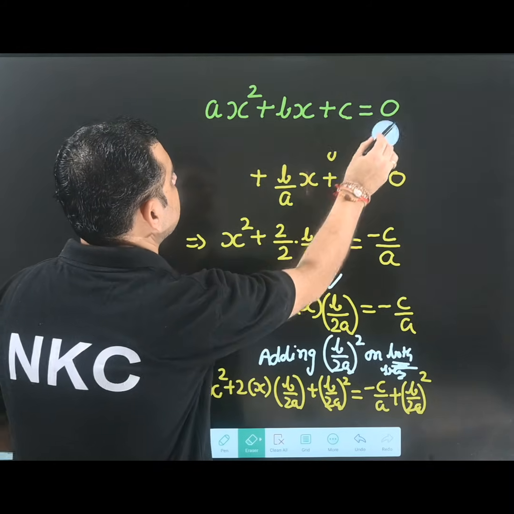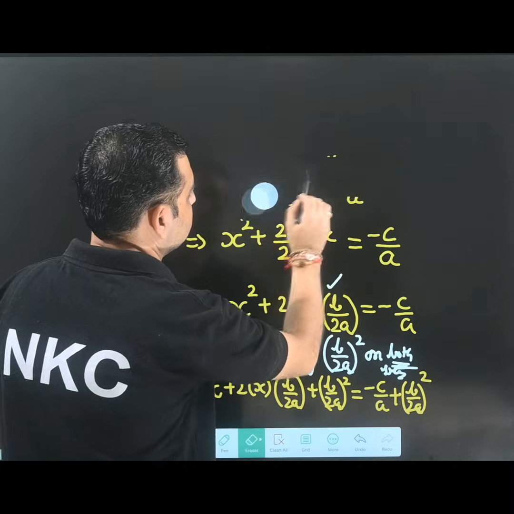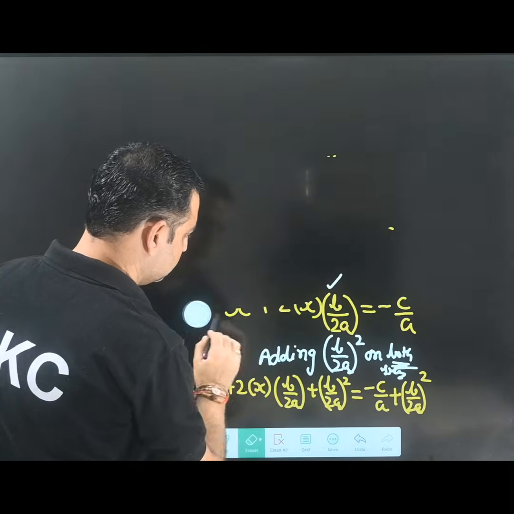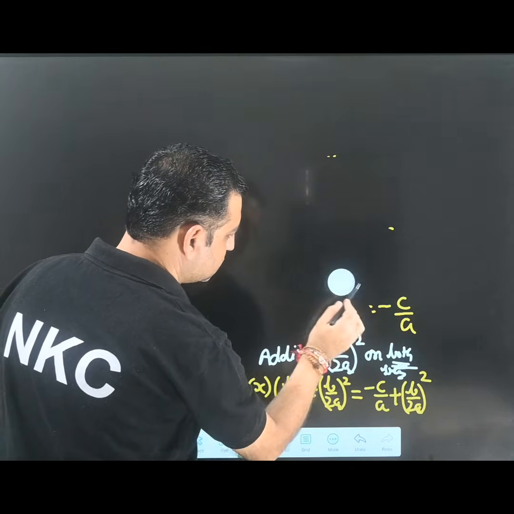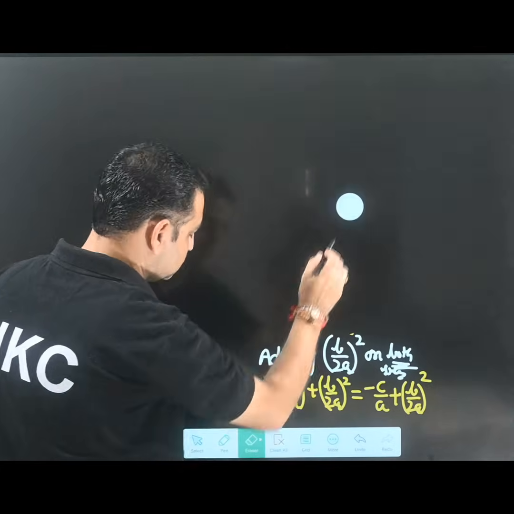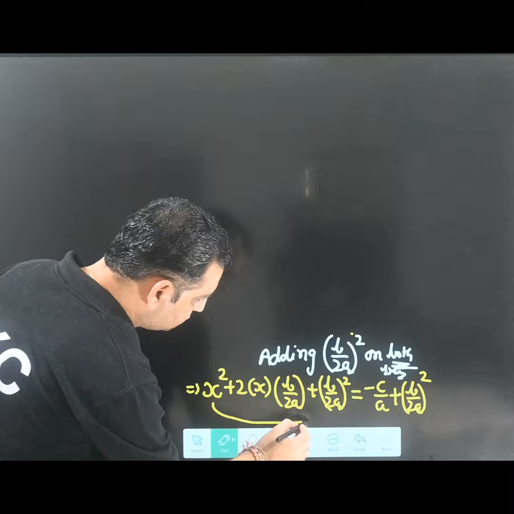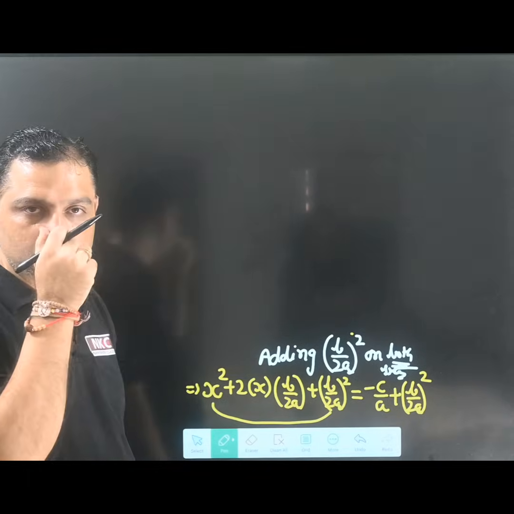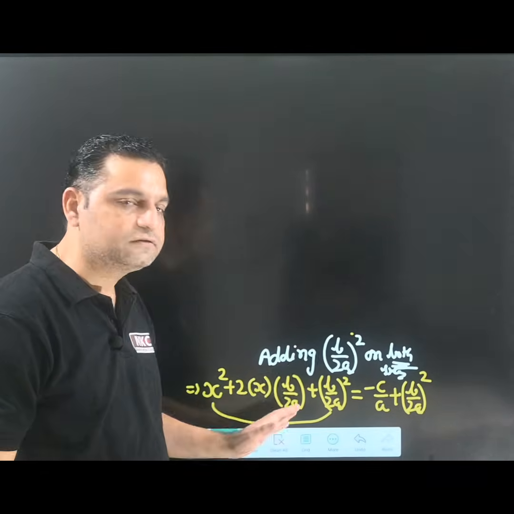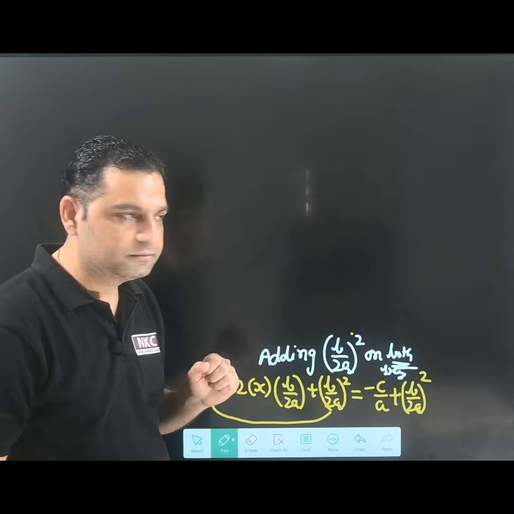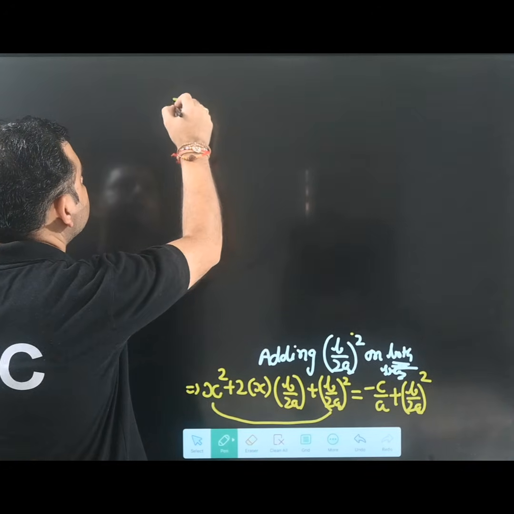Okay, let's move ahead. I'm cleaning the board, and make sure you are watching it step by step. It's going to be very much helpful to all. Now the left side, this is a plus b whole square now, because a square plus 2ab plus b square is already there. What we can write?